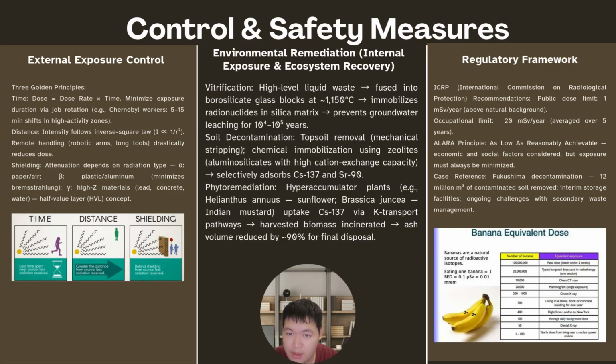We harvest and burn them, reducing waste volume by about 90%. Finally, all this follows the ALARA principle, as low as reasonably achievable. The public dose limit is 1 millisievert per year. These standards guide every decontamination effort, from Chernobyl to Fukushima.